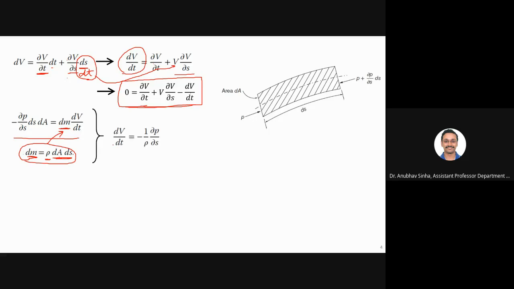Fine. So if I substitute the value of dm here, the dA ds will get cancelled from LHS and RHS, and I will end up with dv by dt is equal to minus, rho will go that side, so minus 1 by rho del p by del s.